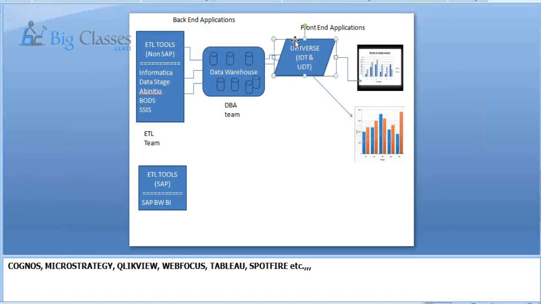So the universe is called a middle layer between a database and the reports. Anshu, is that clear? Okay, got it. So it's kind of structures and tables we create there. Exactly. Table structures, in simple words, a semantic layer, a schema structure.